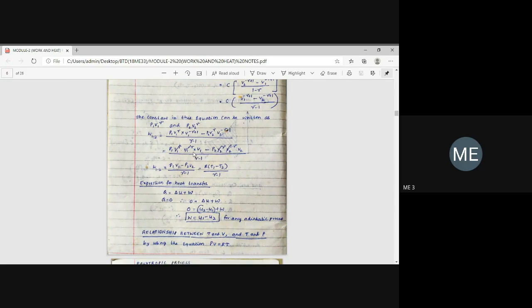V1 to the power of gamma into V1 to the power of minus gamma into V1, minus V2 to the power of gamma into V2 to the power of minus gamma into V2 to the power of 1. So here these terms get cancelled. Finally, you are getting P1V1 minus P2V2 divided by gamma minus 1, or in terms of mRT, you can get mR(T1 minus T2) divided by gamma minus 1. This is the expression for work done during adiabatic process.